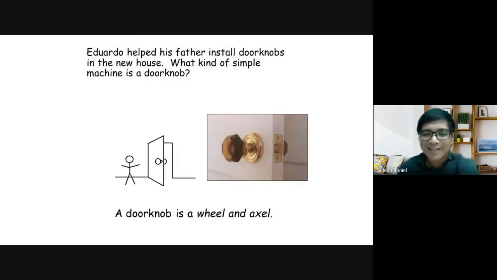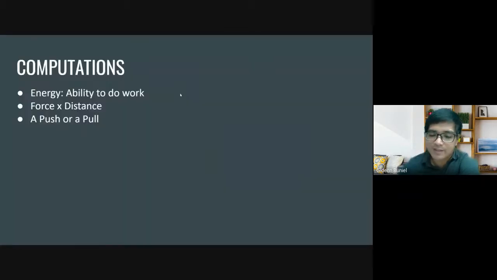Usually, if we dig down to the details, then we compute for the specific force applied, the distance covered, and the mechanical advantage of our simple machines. There are things that you need to take note of and remember about the simple machines topic that we have right now.